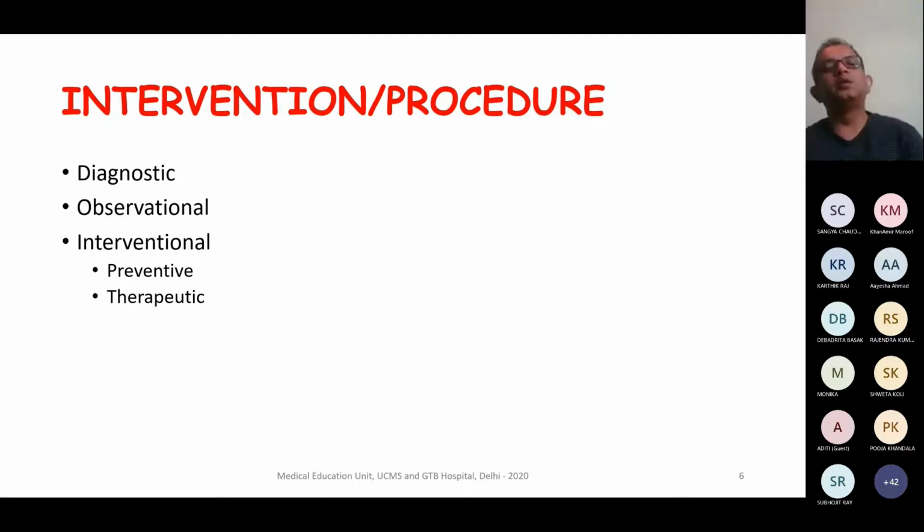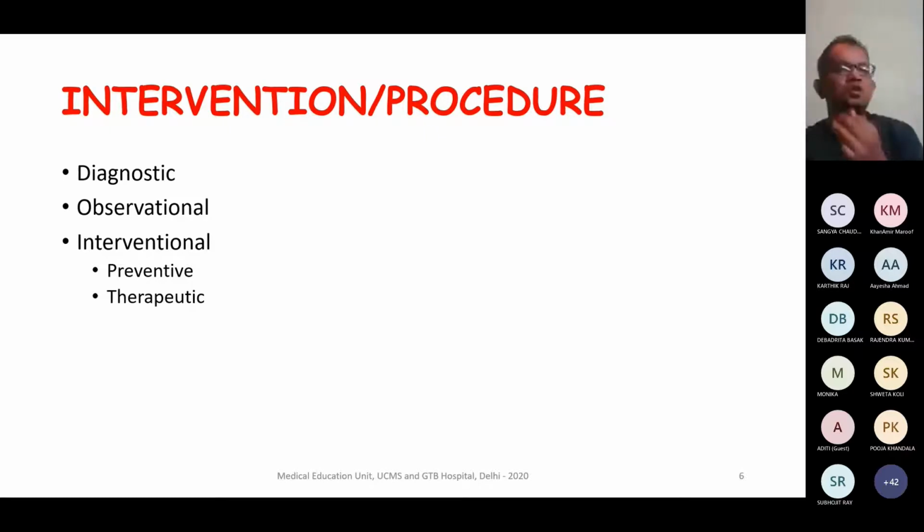But that is very difficult in a time-bound MD thesis, so we usually don't do that. And therapeutic is when you give drug A and drug B and compare them. Or in the surgical field, you are doing two methods of surgery and comparing which is better. That can bring out a difference.